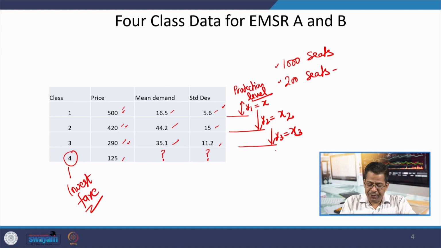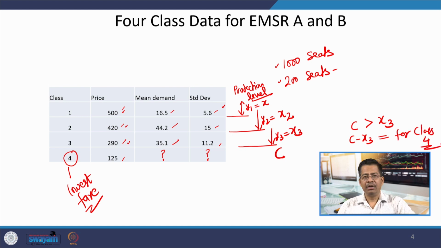Now, if you have a capacity, let us say capital C, which is the capacity of your system, and if the capacity C is more than X3, for example, then C minus X3 seats will be for class 4.